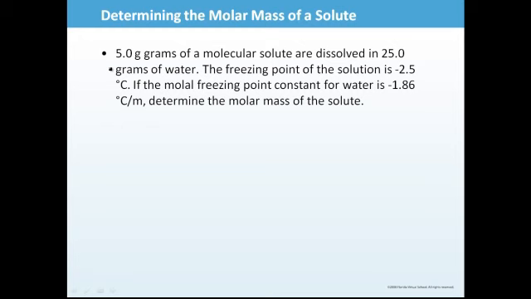Using the formula that we had on the last slide, the delta T they give us is this negative 2.5, so we have out in front negative 2.5 degrees Celsius. That's our delta T. KB, we know, is negative 1.86 degrees Celsius per molal.